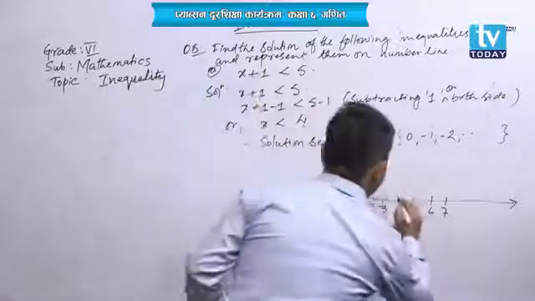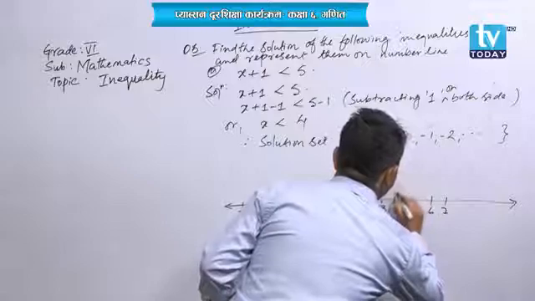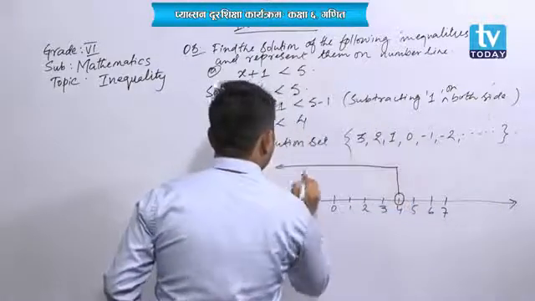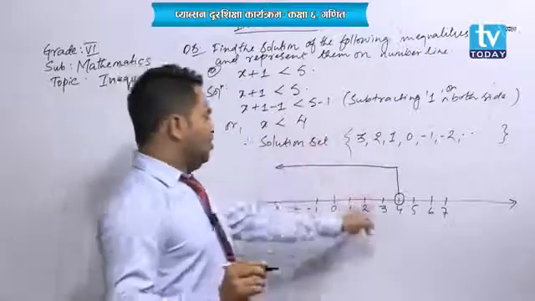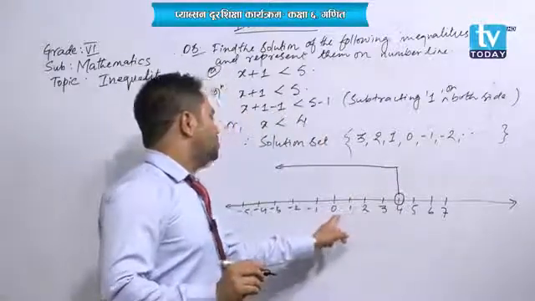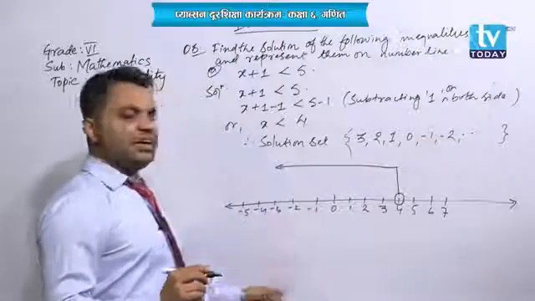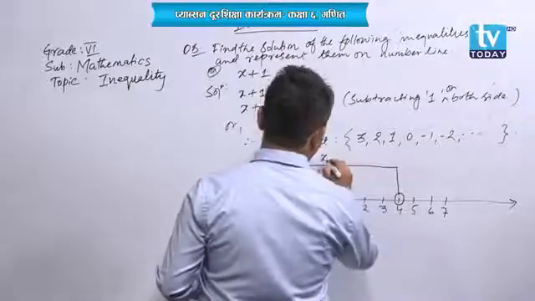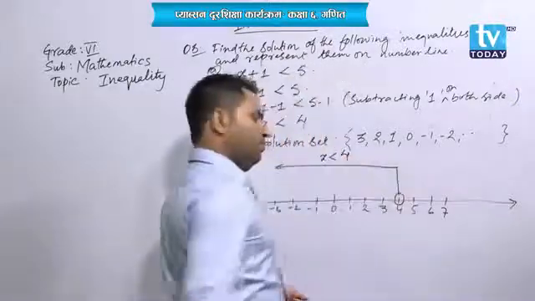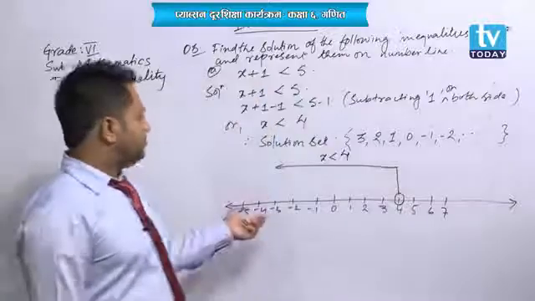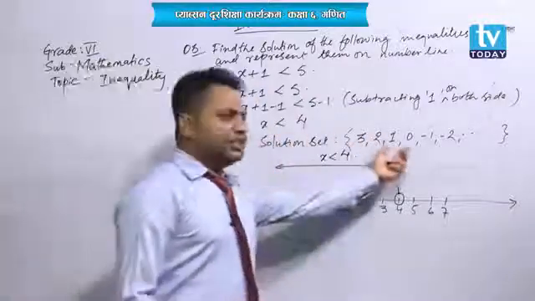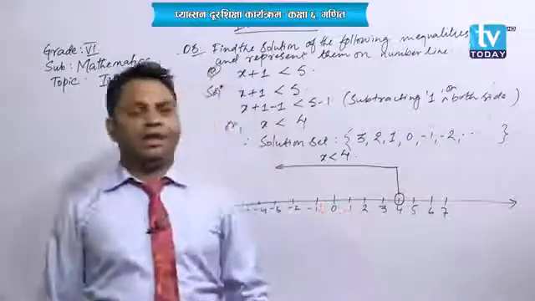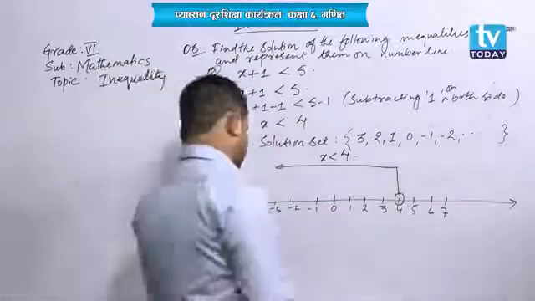So empty circle. In this way, because the value of x is less than 4, all these values 3, 2, 1, 0, minus 1, minus 2, minus 3, all these are less than 4. So you can write here x is less than 4. Is that clear? This is the solution set, and we are representing all this solution set in number line.